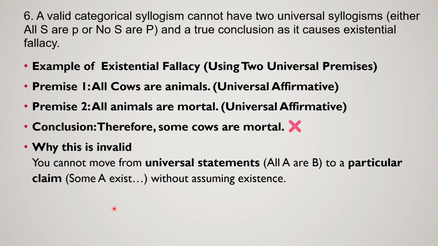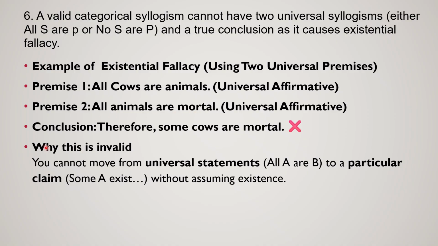For example, when you have a premise 1, all cows are animals. This is universal affirmative. And then you say all animals are mortal, meaning all animals are subject to death. It's also universal affirmative. And then you have a conclusion that says therefore some cows are mortal. Here you have excluded some cows, yet all cows are animals, and all animals are mortal.